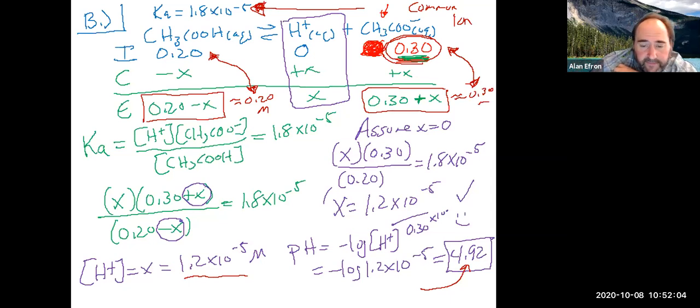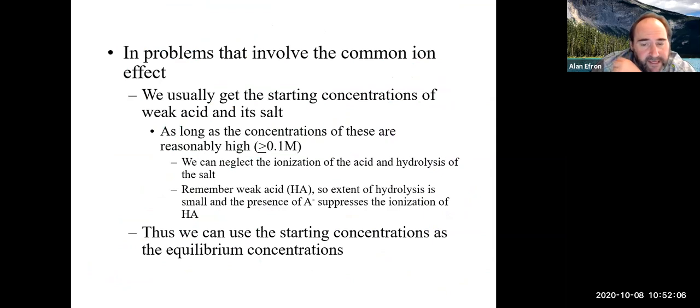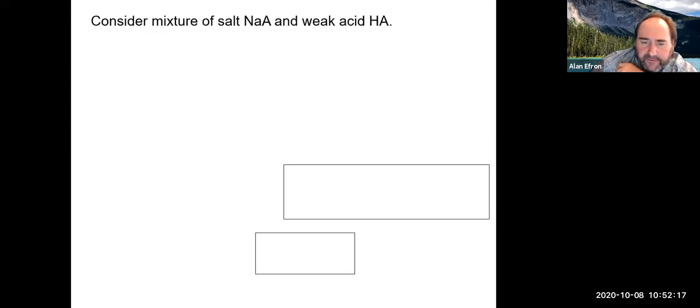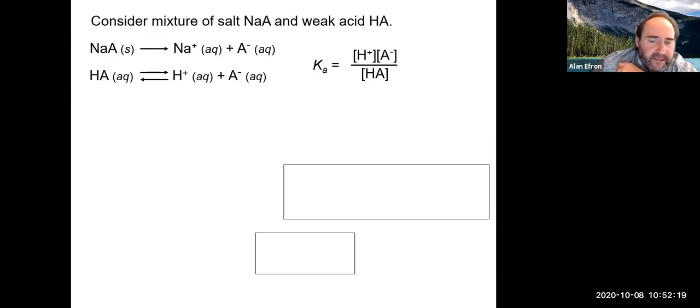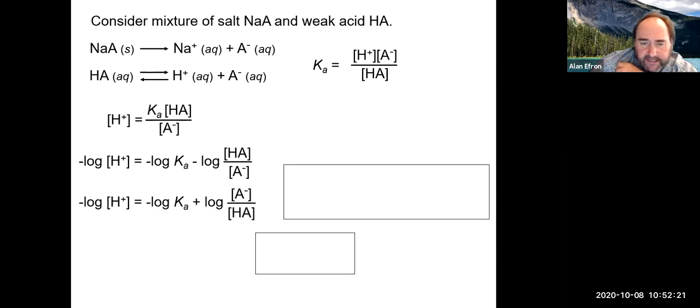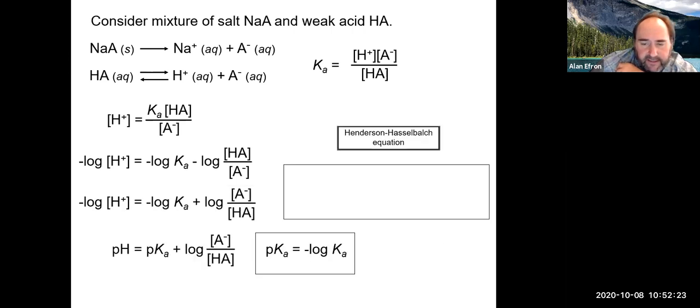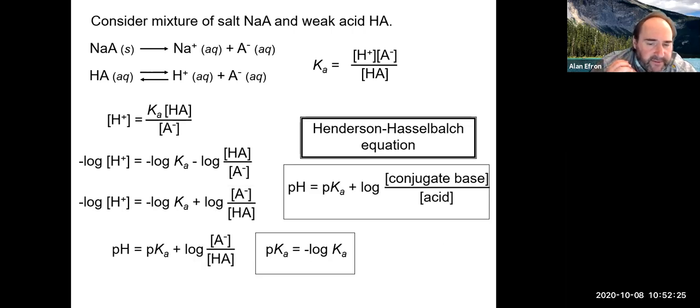And that's important because it does allow you to use actually a formula instead of an ice table to solve for it. You can use this formula here, which if we have a mixture of a weak acid and a common ion, we could use, and everything on the left is really just how it gets derived.